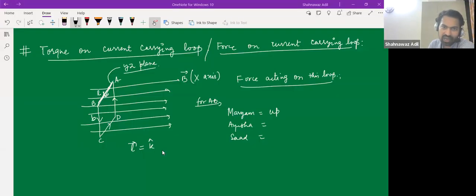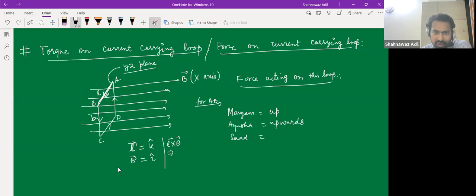So Mariam is saying up, and what about Saad and Aisha? Aisha has got the same answer, upwards. Saad, what about you? If we don't know, then we can use this property. L is K hat, B is I hat, so L cross B will be where?